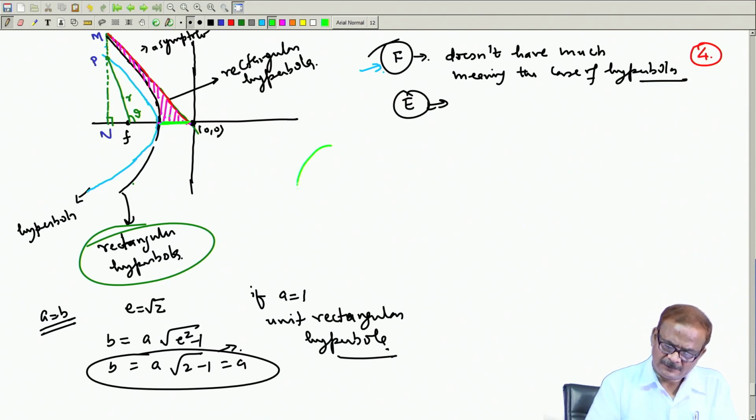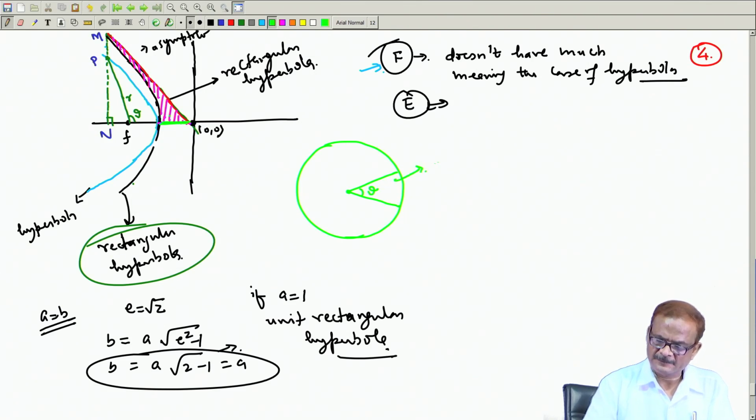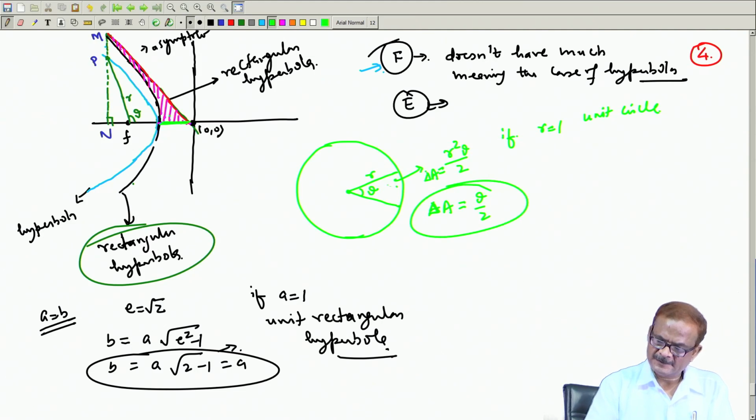Say, an analogy is given for the case of a circle. So, in the case of a circle, if this angle is theta, the area of this sector will be given by, if this is r, r square theta divided by 2. This is the area of this sector, and if r equal to 1, that means the unit circle, then this area delta A becomes equal to theta by 2, meaning this area is a direct representation of this theta.